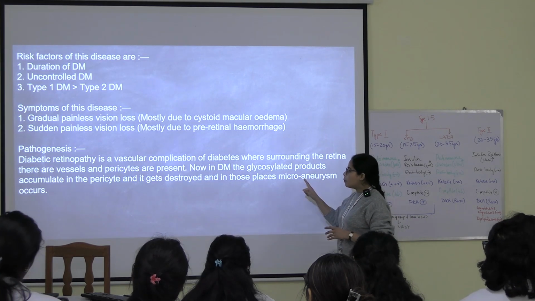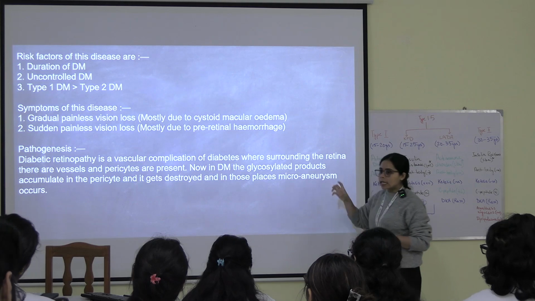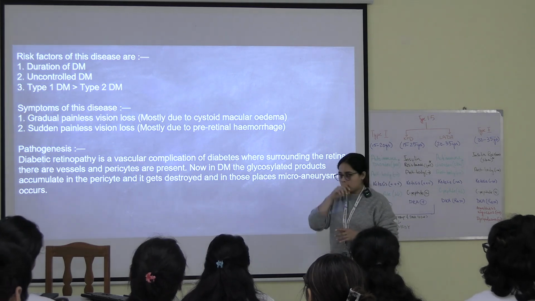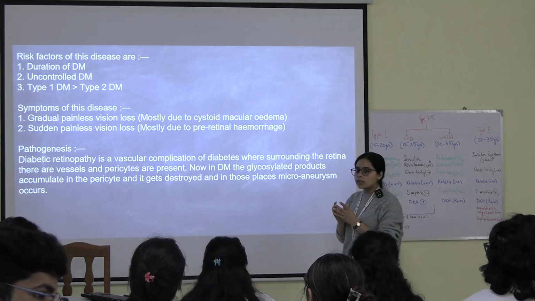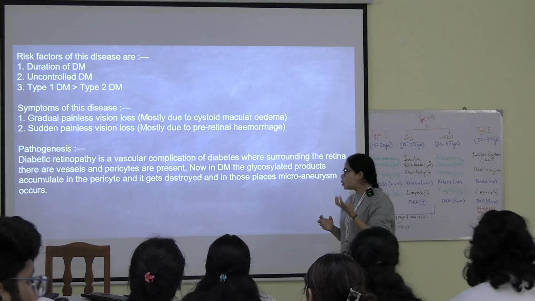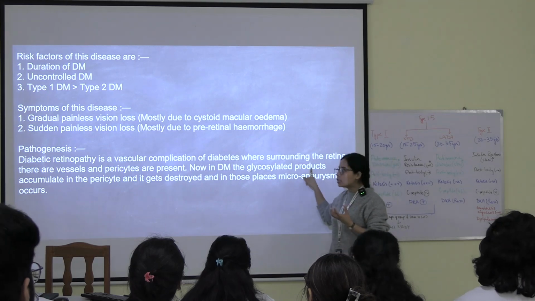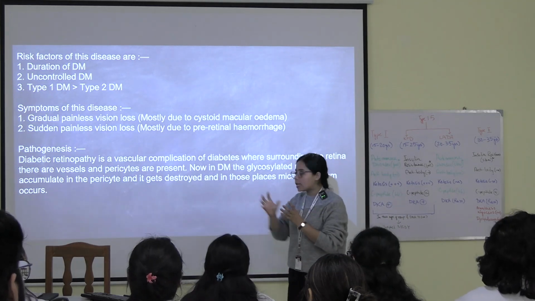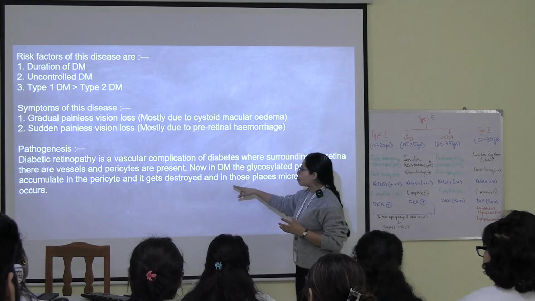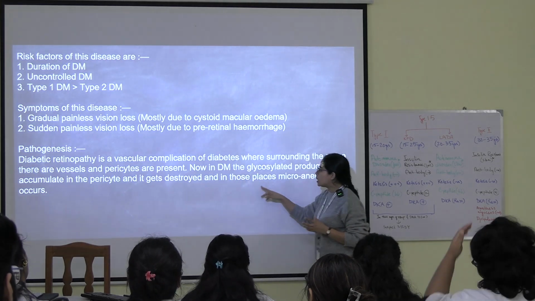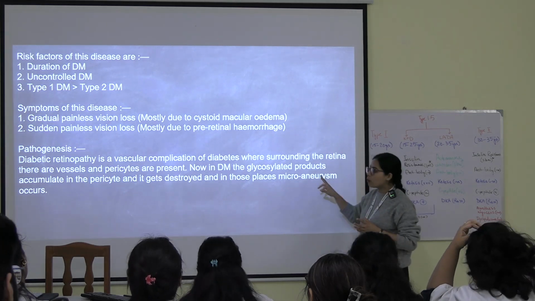Now, in diabetes, the glycosylated products, that is the glucose-rich products, accumulate in the pericytes. Means in diabetes mellitus, the glucose-rich products accumulate in the cells, that is the pericytes, right? And they get destroyed. And in those places microaneurysm occurs.